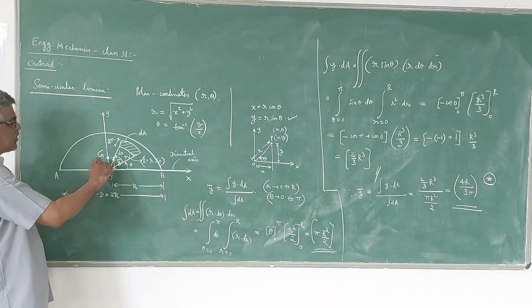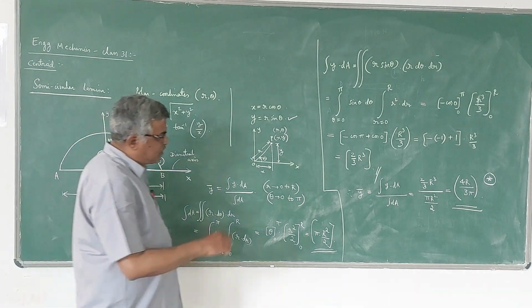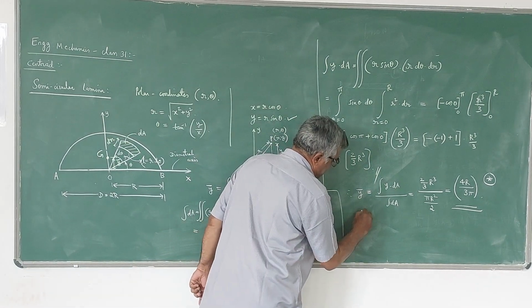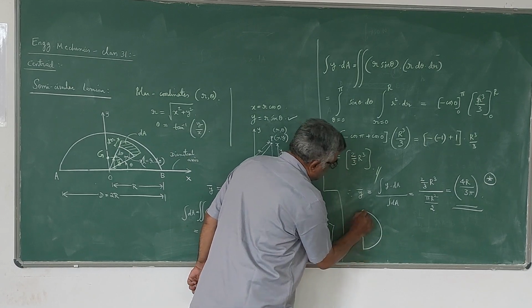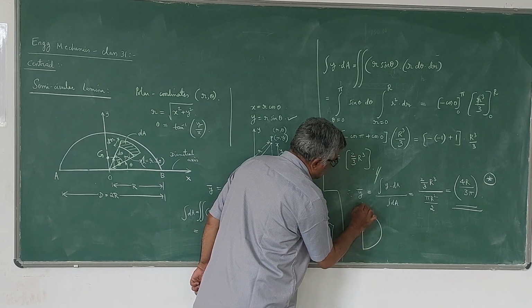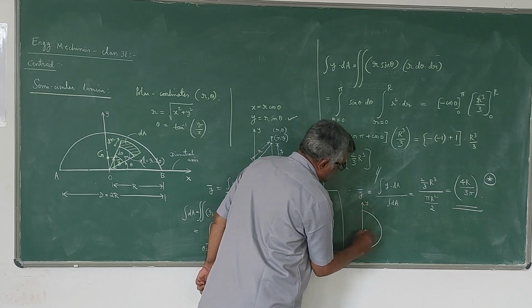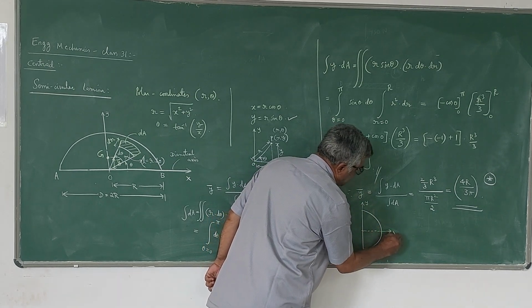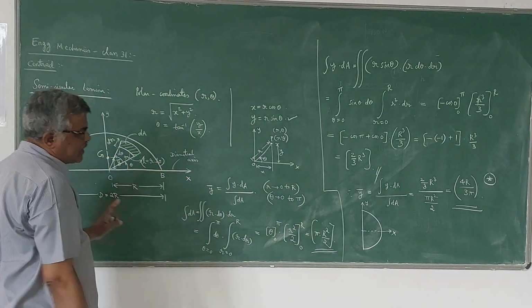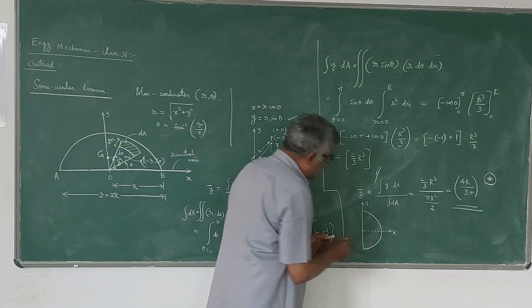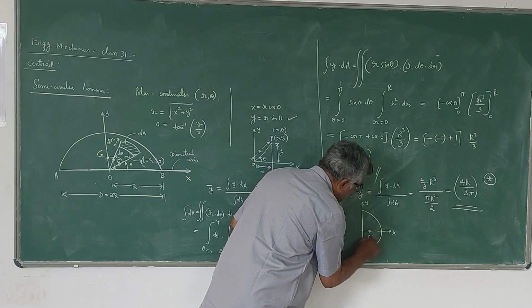So only y bar you need. Suppose the semicircle is like this, then this is taken as the y-axis and the x-axis is the symmetrical axis. If it is rotated by 90 degrees, it becomes like this. Here, the centroid lies here.